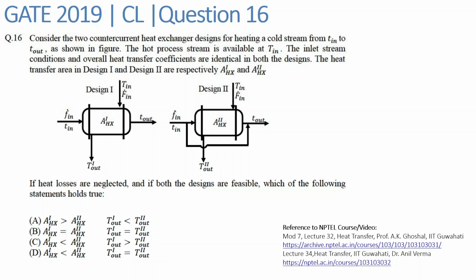The heat transfer area in design 1 and design 2 are respectively A1HX and A2HX. And we have been given the general schematic. If the heat losses are neglected and if both the designs are feasible, which of the following statements holds true? Okay, so we have been given these heat exchanger design parameters and the general schematic of the countercurrent heat exchanger, and we have to find which of the following options is correct amongst the given ones.